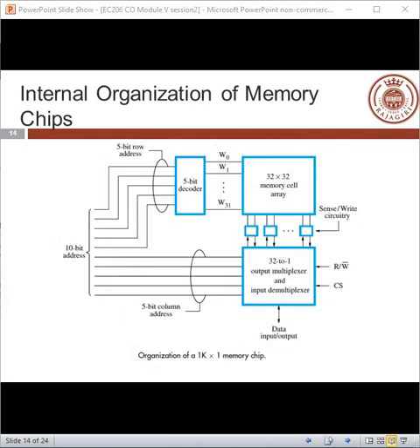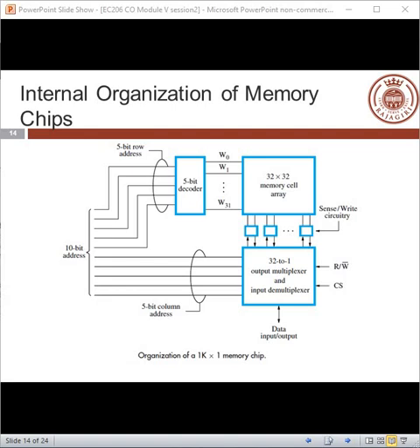Suppose in a similar fashion we need to store 1k bits of data, that is, 1024 bits of data. If we implement it in a similar fashion, at a time we need to take 8 bits of data. 1024 by 8, we will have 128 rows.